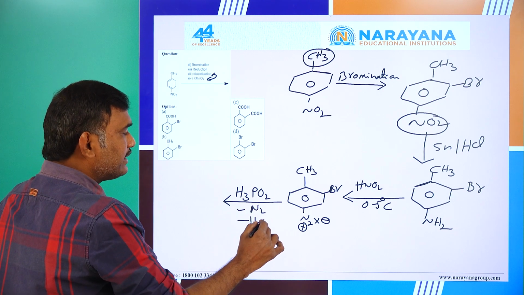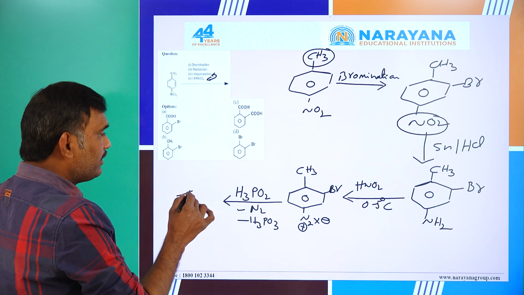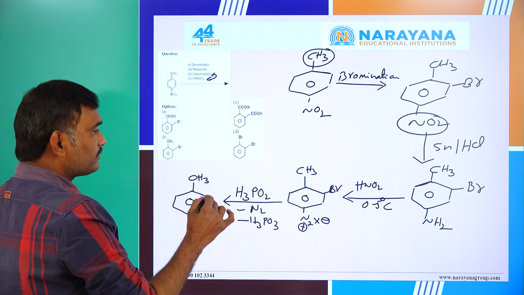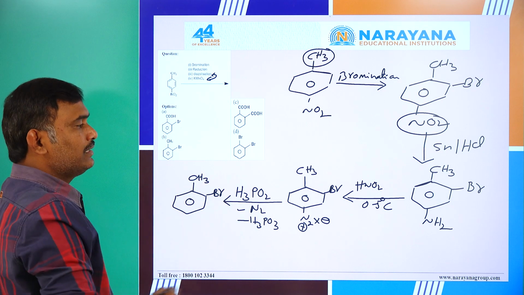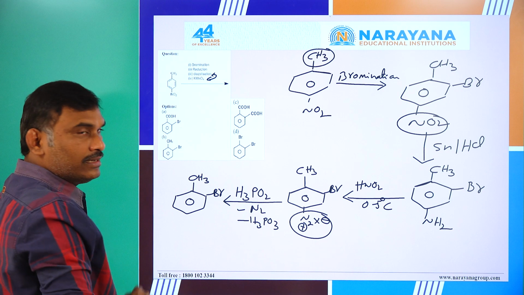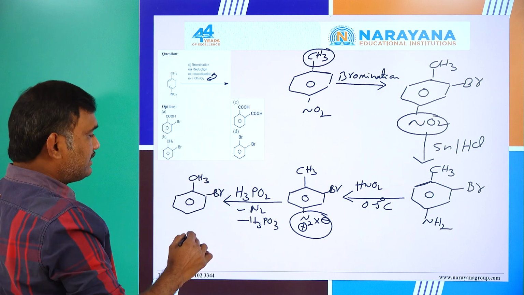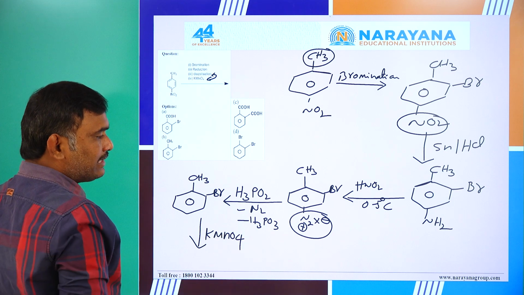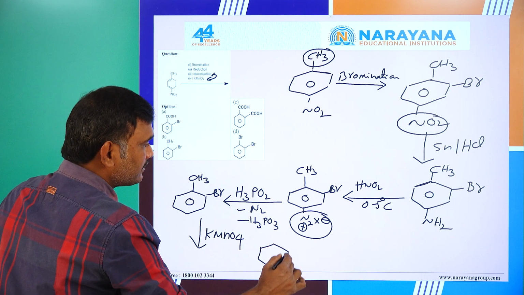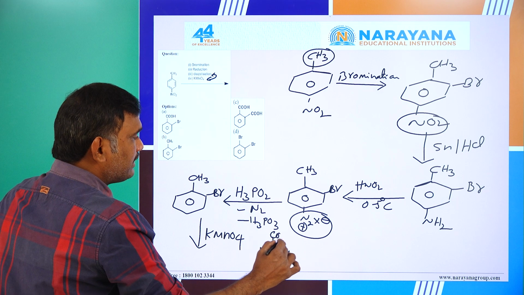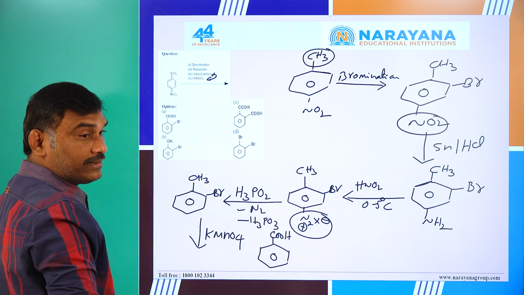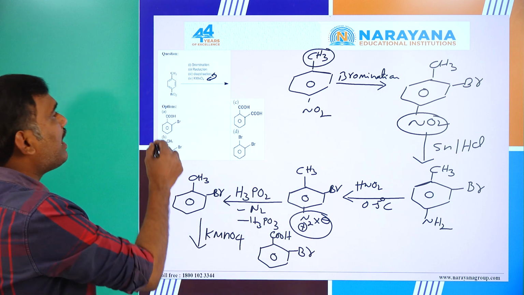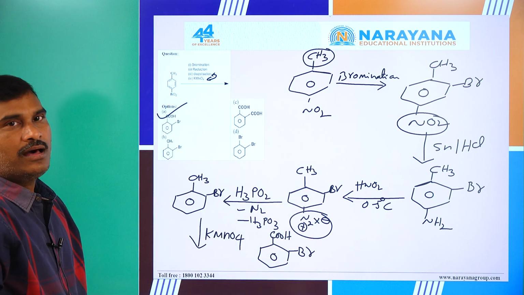It becomes oxidized into H3PO3 and the diazonium salt is reduced to benzene. Now KMnO4, a strong oxidizing agent, causes oxidation of the alkyl group into carboxylic acid. Still the bromine is present. So ortho-bromobenzoic acid should be the answer.